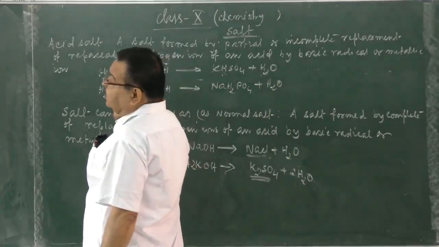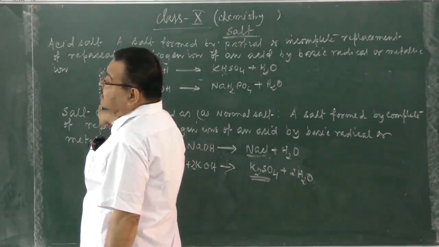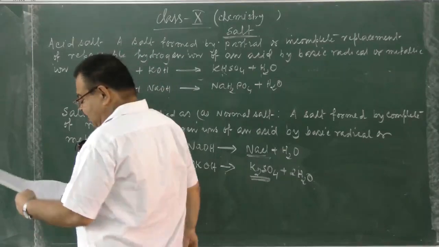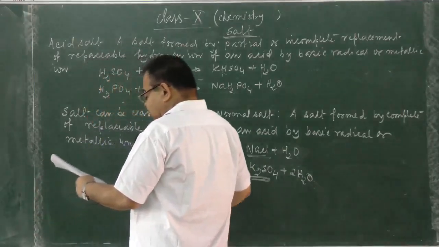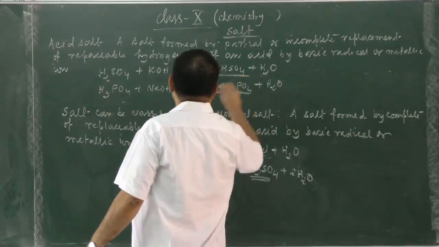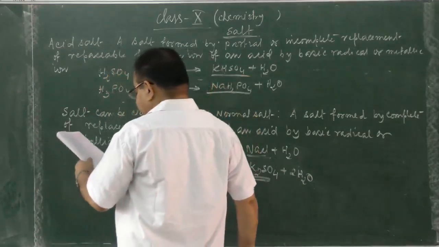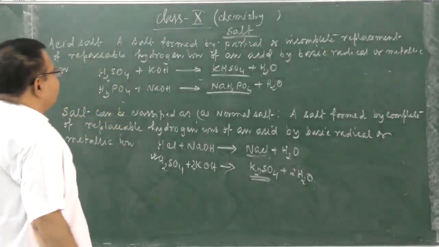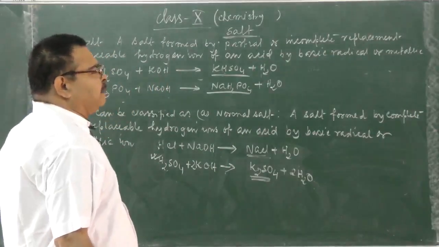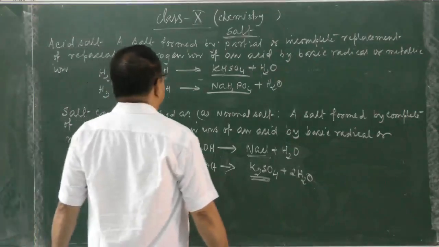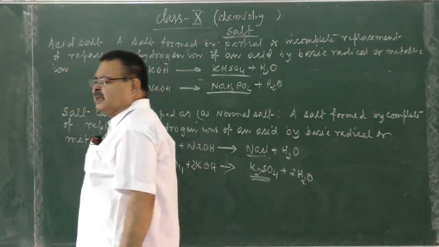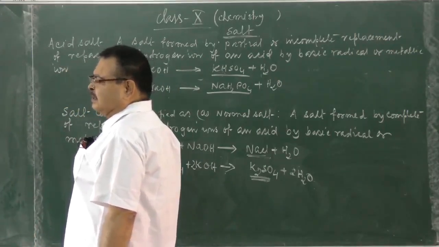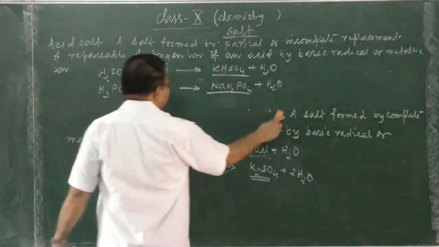In H3PO4 there are 3 replaceable hydrogen ions, but only one has been replaced. So these are what we normally call acid salts. This is also called hydrogen salt or bisalt, potassium bisulfate or potassium hydrogen sulfate. Nowadays it is said potassium hydrogen sulfate. Initially it was said potassium bisulfate.